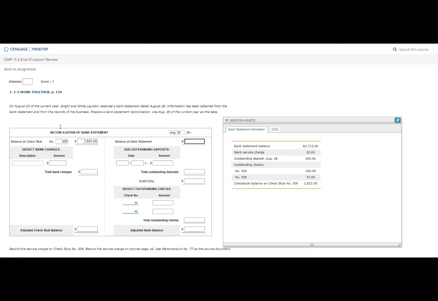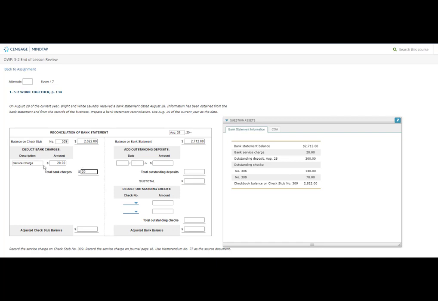And the balance on the bank statement was $2,712. Okay, we're going to look at any bank charges. And there's a bank service charge, and the amount is $20. And the total bank charges was $20.